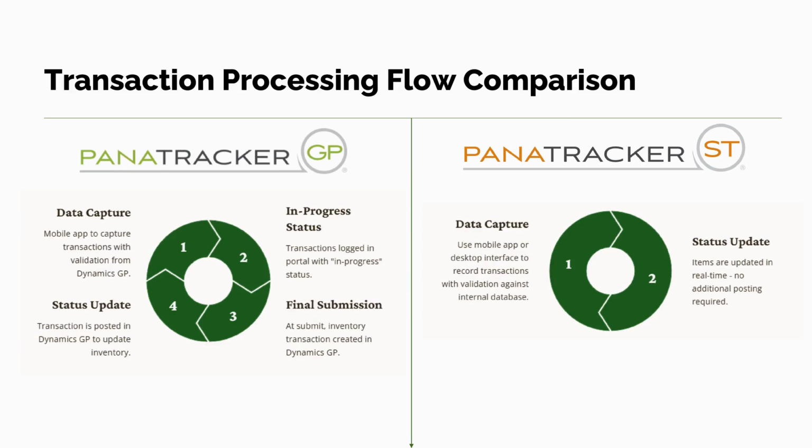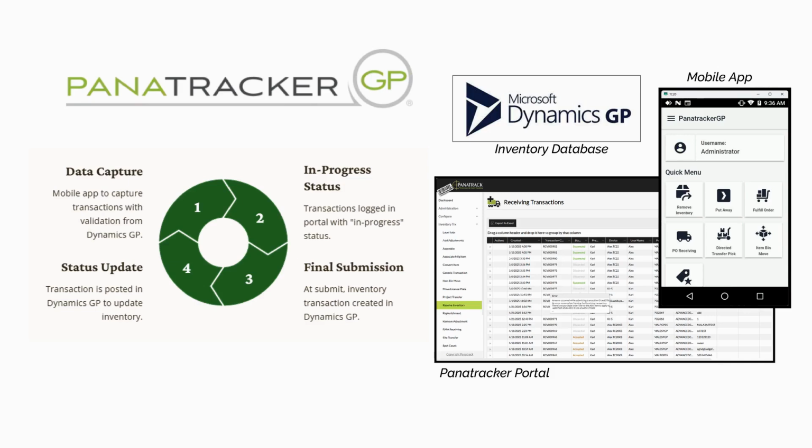Since one system relies on the ERP for inventory management, while the other maintains its own inventory database, the steps for recording transactions differ between them. Transaction processing with the PanatrackerGP mobile app involves multiple steps. As the transaction is captured, it is first logged in the Panatracker portal. When the transaction is submitted, it is then created in Dynamics GP, where it must be posted before the inventory is officially updated.